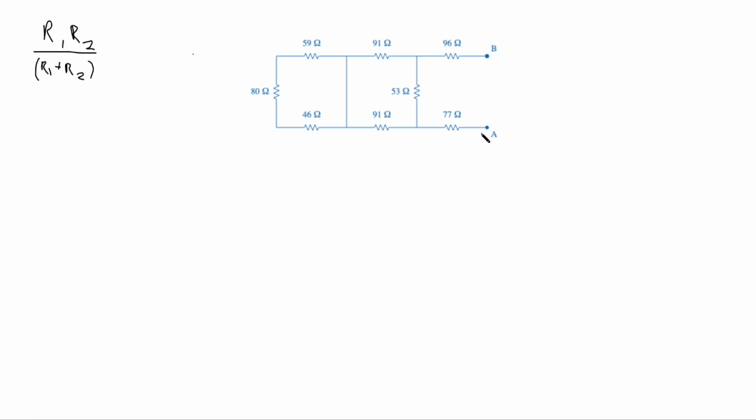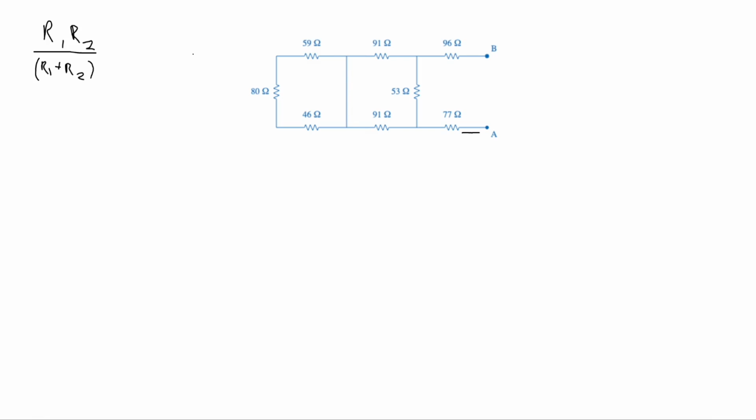So this means that if the current is coming here, pretend the current is coming this way, it's always going to take the path of least resistance, okay? It's not going to go straight into this resistor. It's going to take a right here, and it's going to continue to go down this way. So that basically eliminates this whole part of the circuit because this is a short right here, it shorts it.